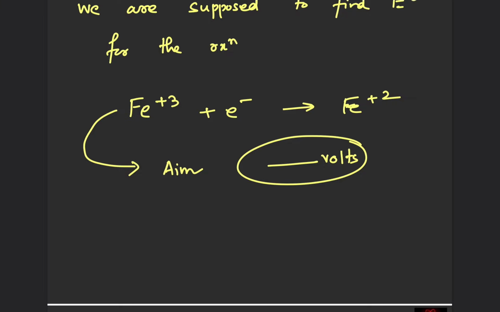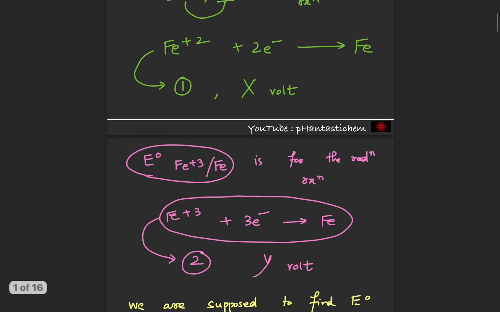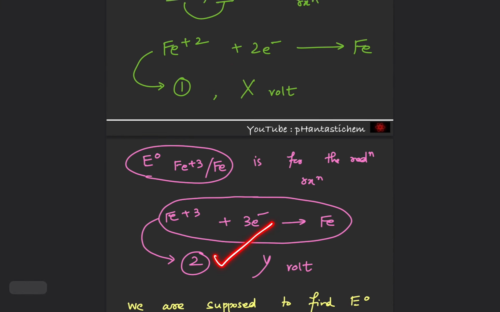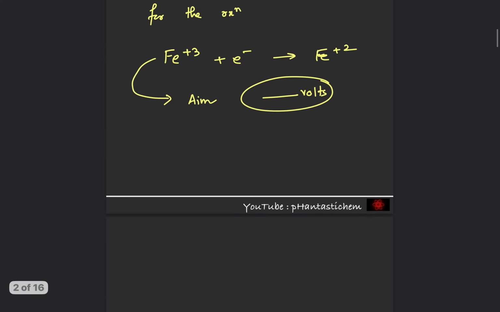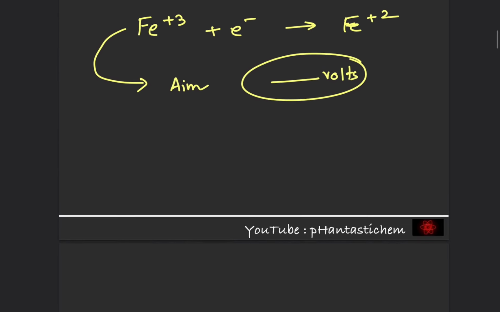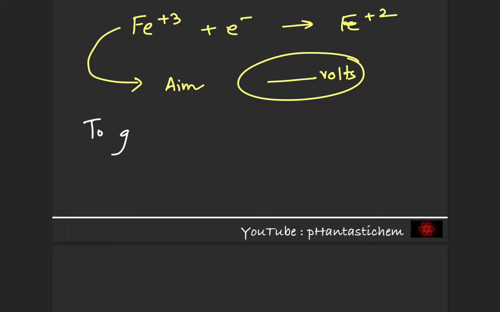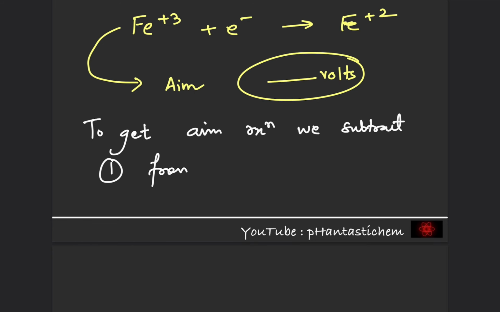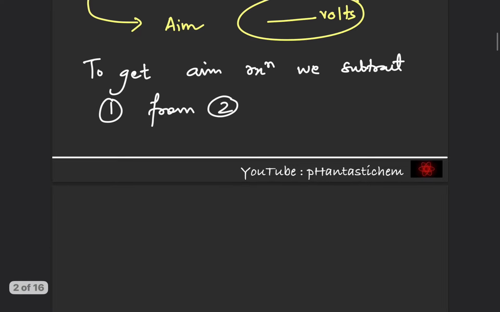Can you see, to get this reaction, if we subtract 1 from 2, remember this is reaction 1, this is reaction 2, that is you are supposed to do 2 minus 1.